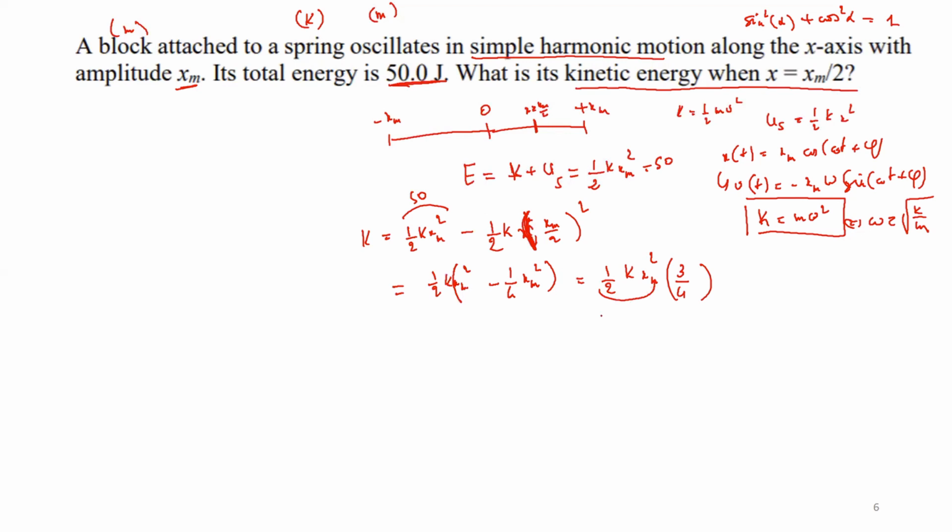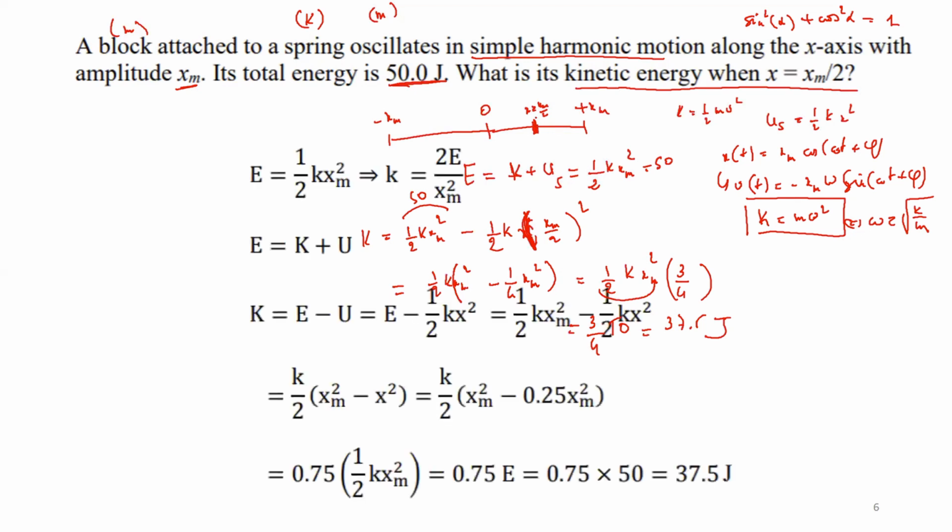And this is 50, so I have 3/4 of 50. This will give me 37.5 joule. And this is your kinetic energy when I'm here. So this is what I used, and then you get your answer. This is 3/4, of course.